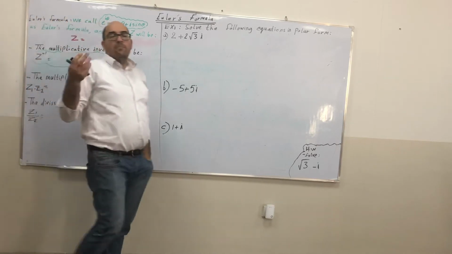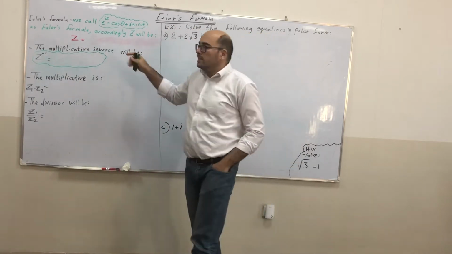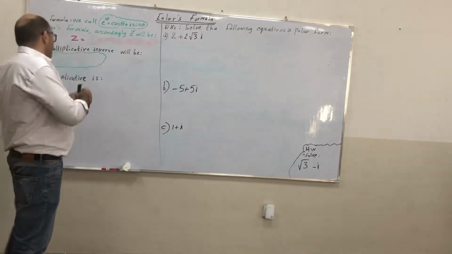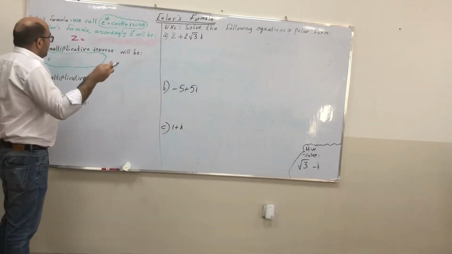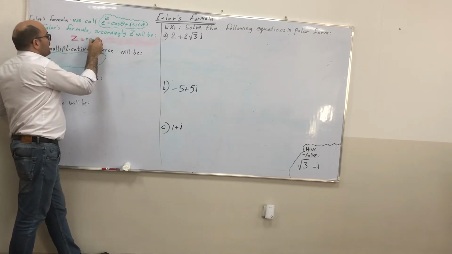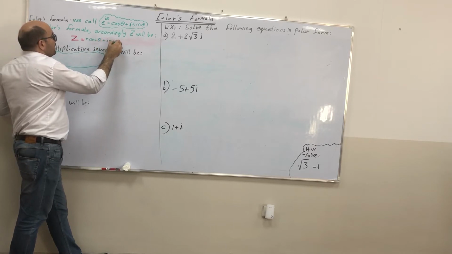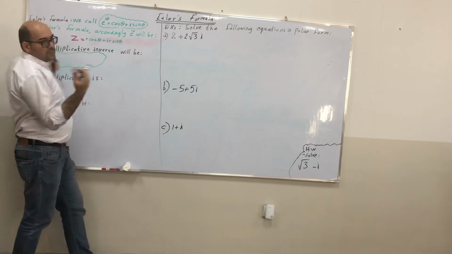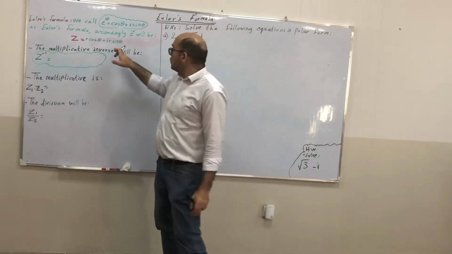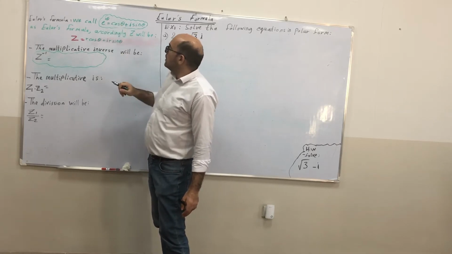If we write it in the polar form, as I explained to you last lecture, we know that z equals, let me write it here in the simplest way, r cosine theta plus i r sine theta. This is what we took last lecture. So now I want to convert this form into this form.